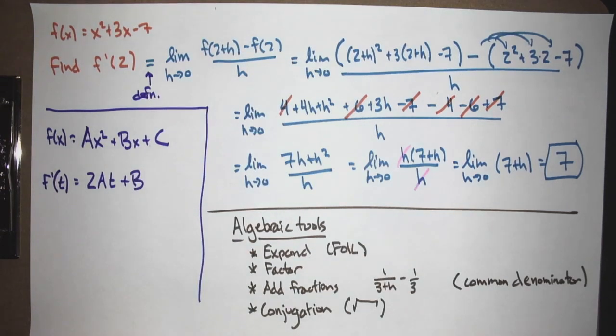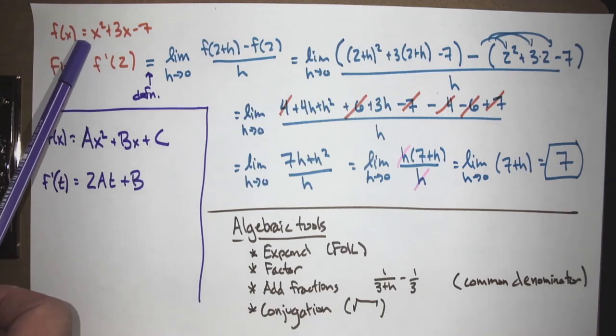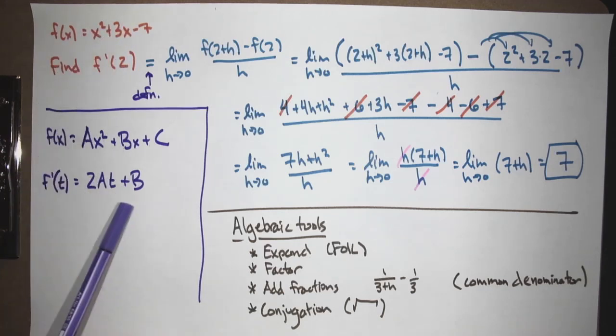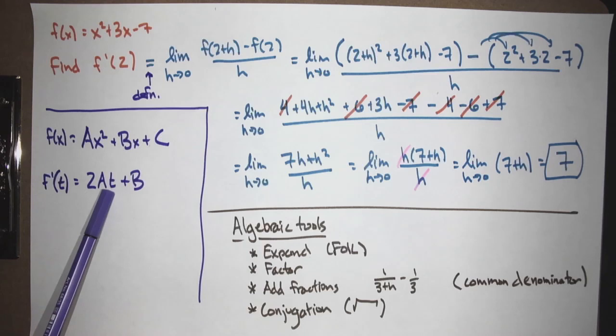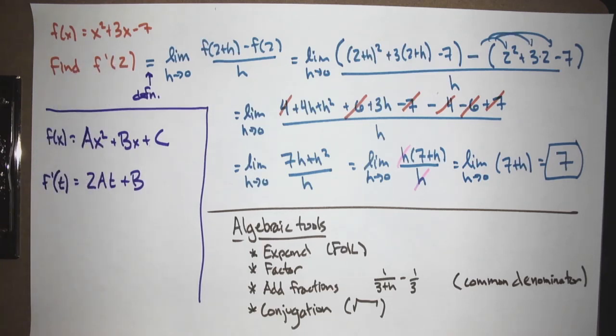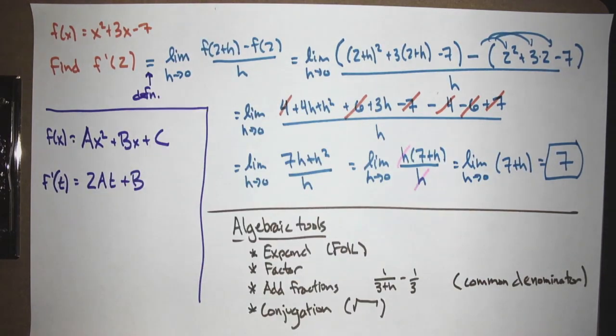And you can go through the exact same procedure. We can check to see if that's true. Here, what would that say? Well, a is 1, b is 3. So you should get 2 times whatever number you plug in plus 3. Well, 2 times 2 is 4 plus 3 is 7. Yep. And like I said, it's a little bit faster once you have the tools. But, all right. Let's try another question.